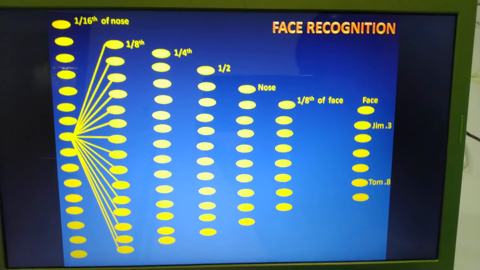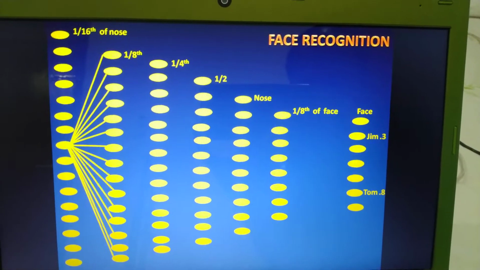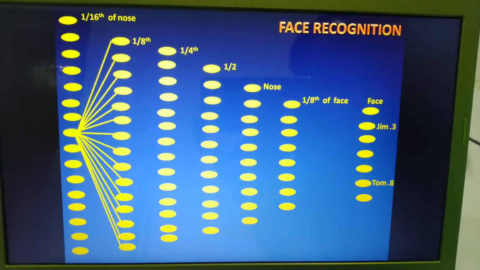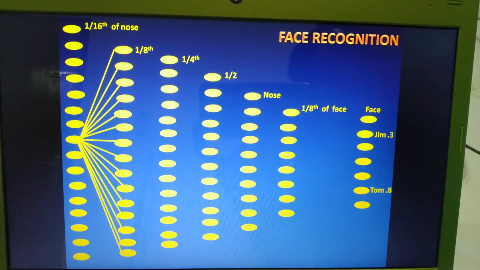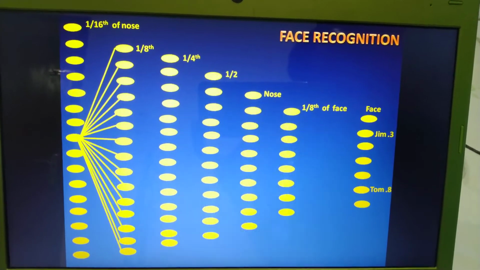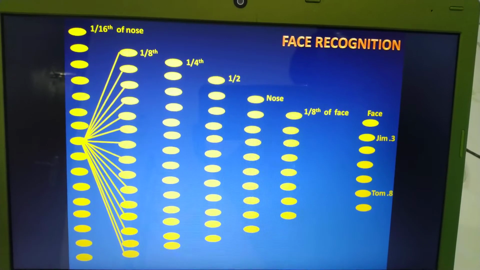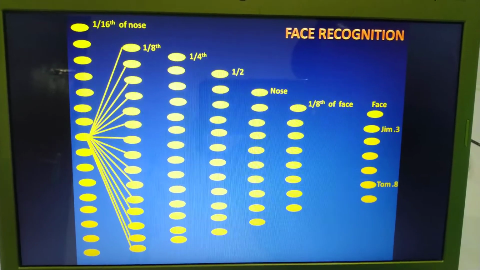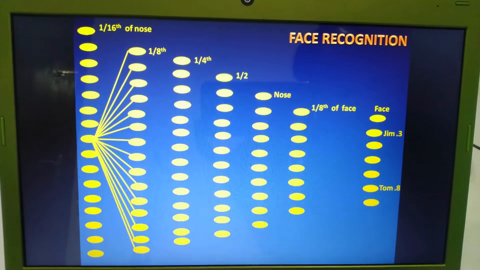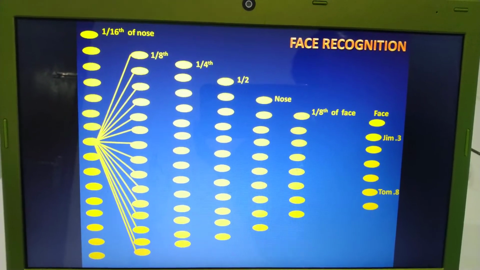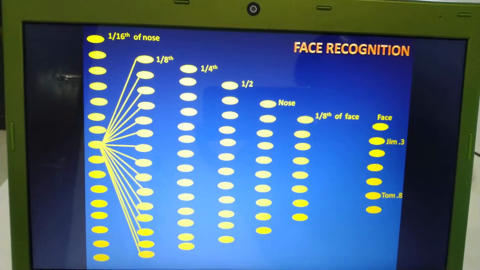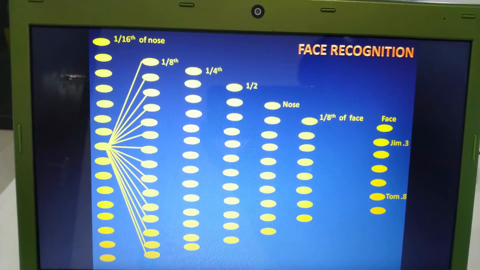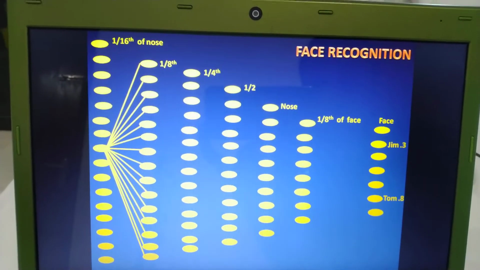So now you put on a beard, you put on a pair of sunglasses, and then try to see if the system can differentiate Jim and Tom. So Jim and Tom, who were clean shaven men, are now having beards. They're wearing sunglasses. So it's literally impossible for a human being to differentiate Jim and Tom now. But then you cannot fool the system. Let's see how it works.